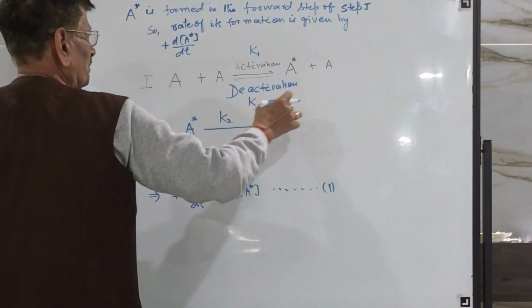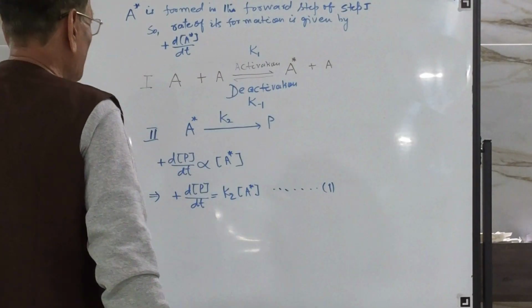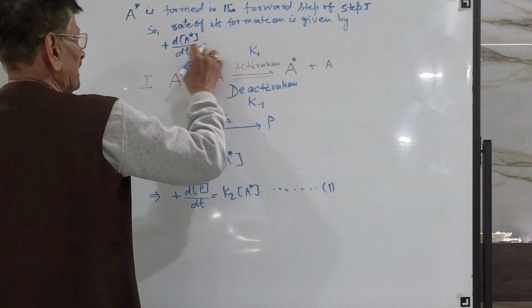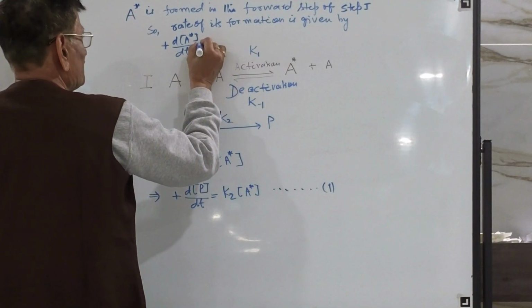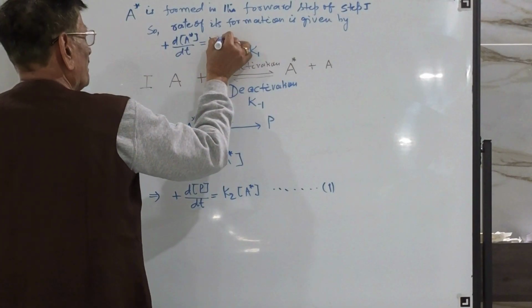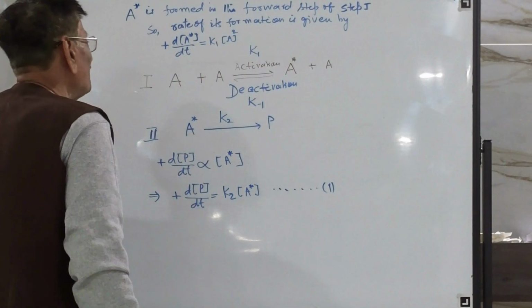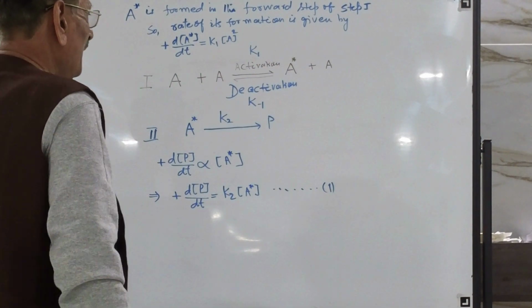This is proportional to A into A, that is A squared, and the proportionality constant is K1. So this is equal to K1 into the concentration of A squared. This is the rate of formation of A star.